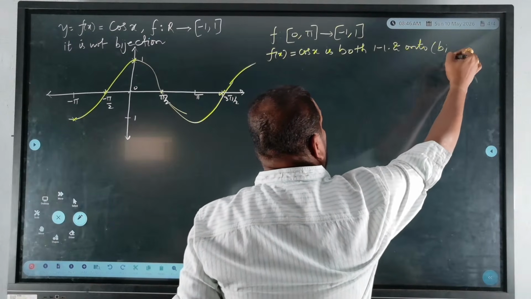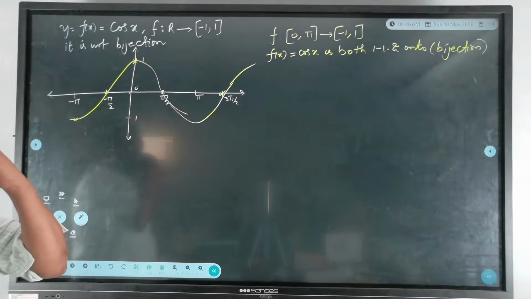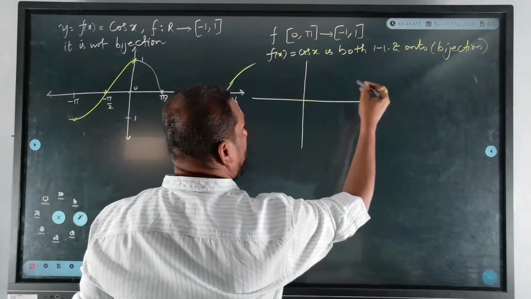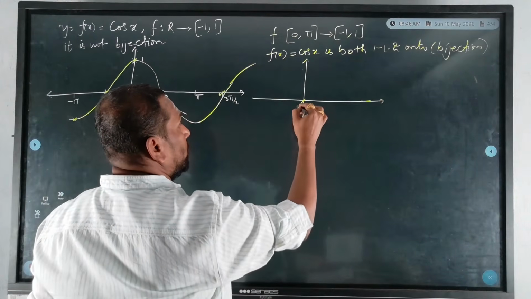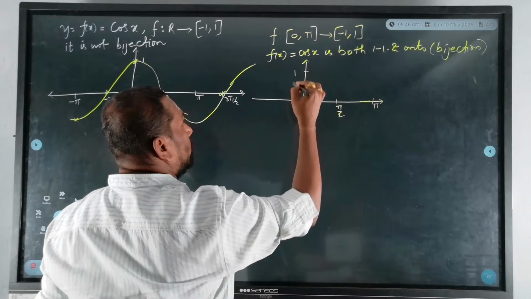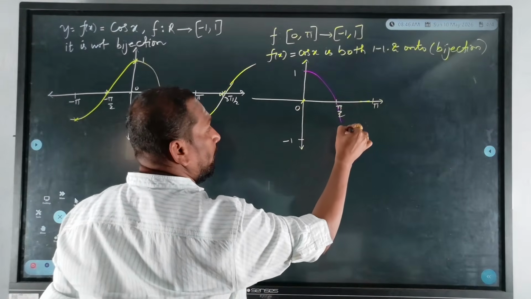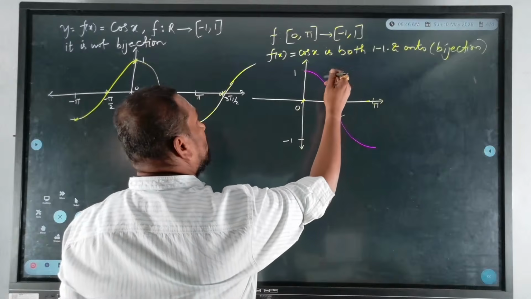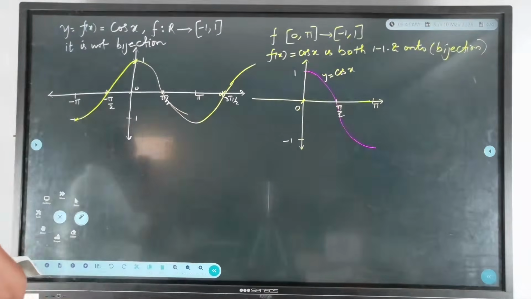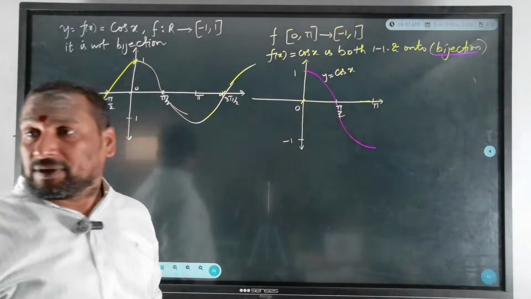That is a bijection. So this is the graph of y is equal to cos x from 0 to pi. So when it is a bijection, then f inverse exists.